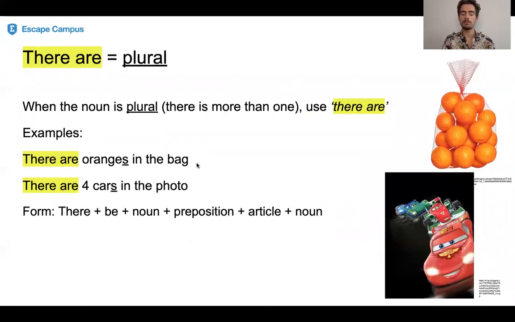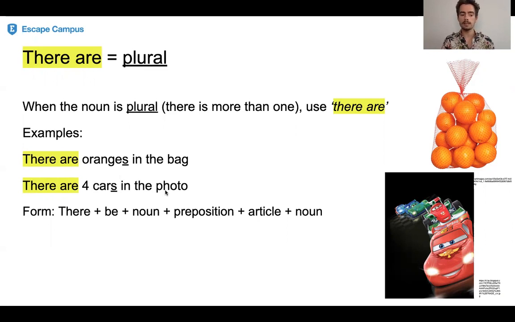For the plural is very similar. This time we use there are. So this is where there is more than one noun. For example, there are oranges in the bag. There are 4 cars in the photo.